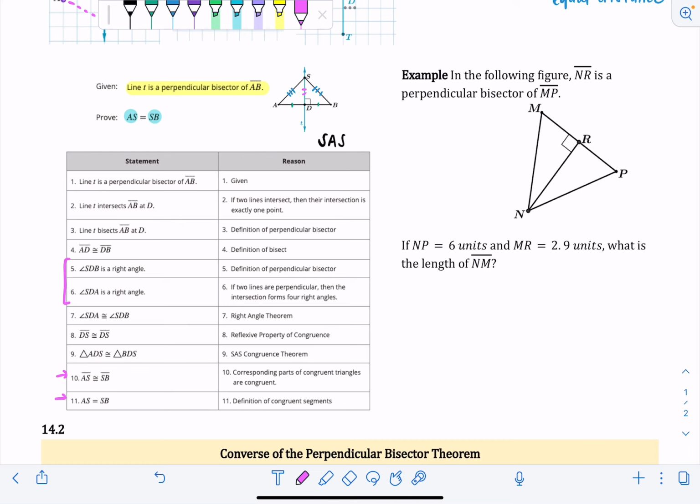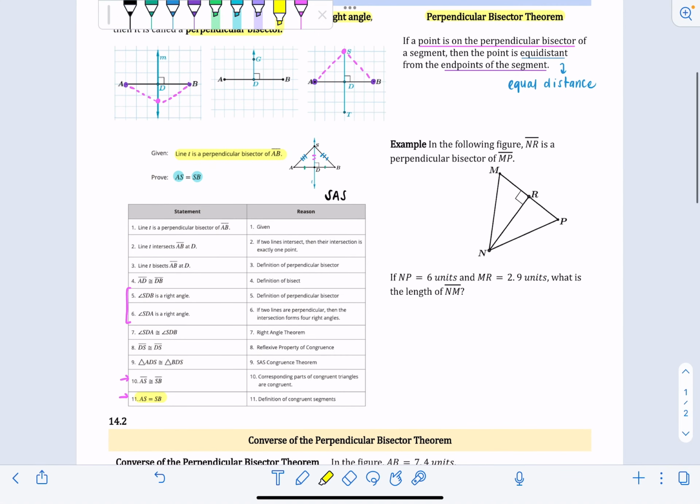The reason the distance part is important, as opposed to just saying that the segments are congruent, is that's what the perpendicular bisector theorem is all about. It says, up here, if a point is on a perpendicular bisector of a segment, then the point is equidistant, the same distance. So we're trying to get to that distance part of it.